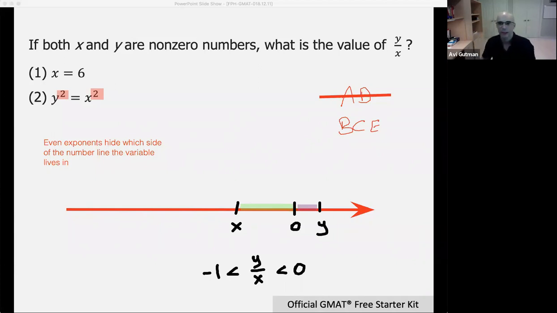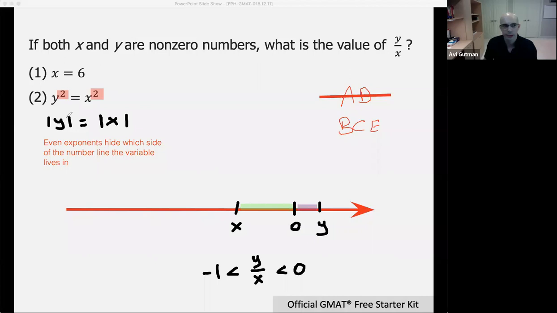So an equivalent statement to statement 2 would be to say that the absolute value of y equals the absolute value of x. That is exactly the same thing as what statement 2 is saying. So what can you say about the ratio of y to x if we know that they have exactly the same distance from 0?